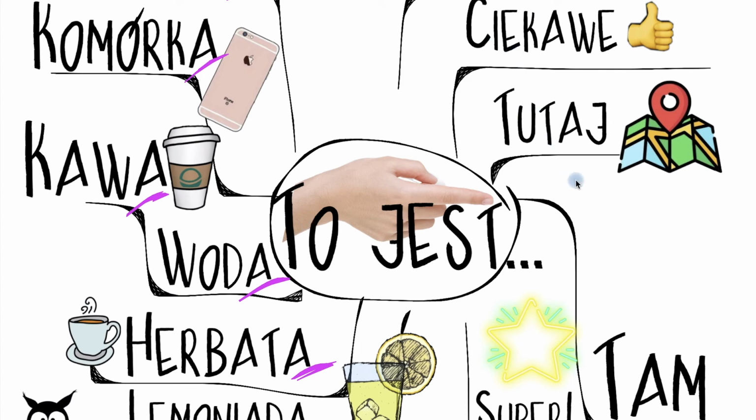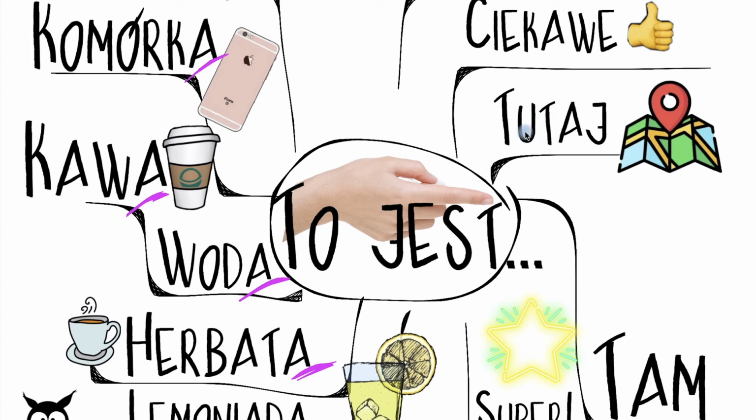Now, a few more words. It's here. The word for here is tutaj. Again, look, as in jest, no change in pronunciation, right? So tutaj or just tu.